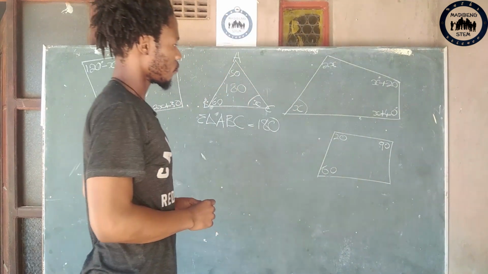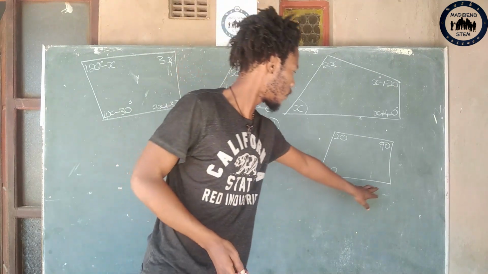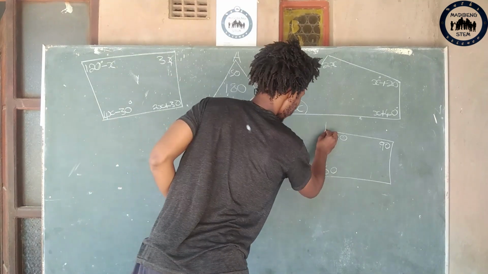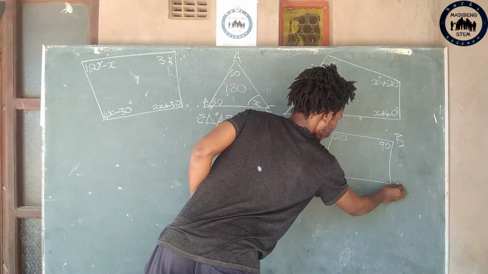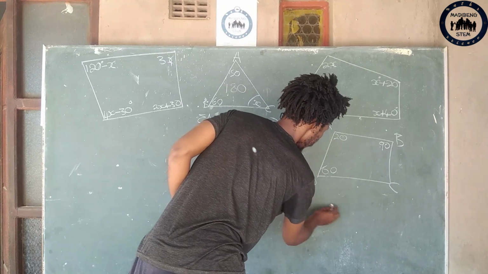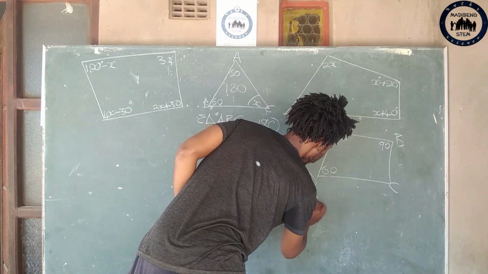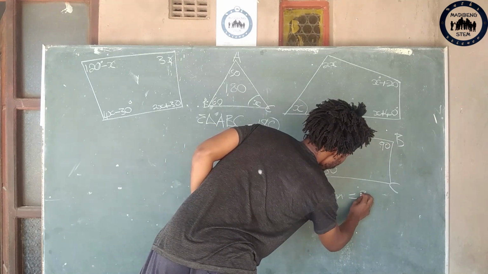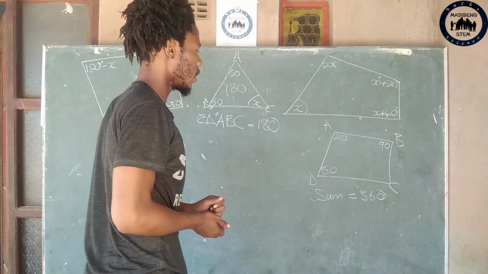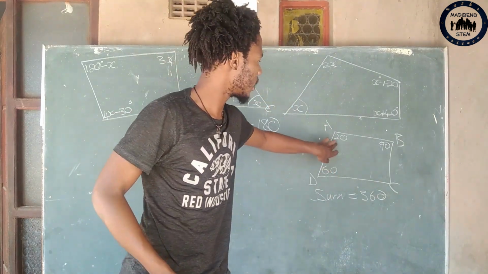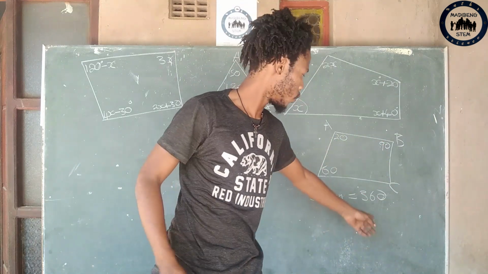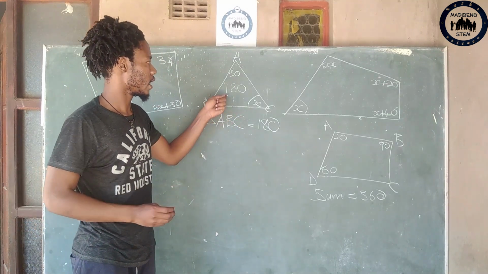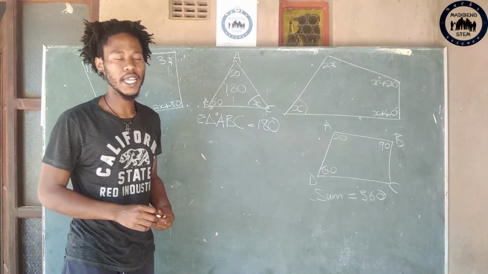In this case, we can look for this angle, because now we know the sum of this quadrilateral is equal to 360. So when we look for this angle, we add these angles and equate them to 360. But when we deal with triangles, we add the angles and equate them to 180 degrees.